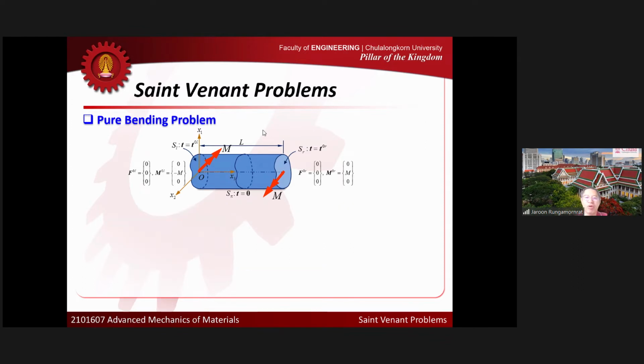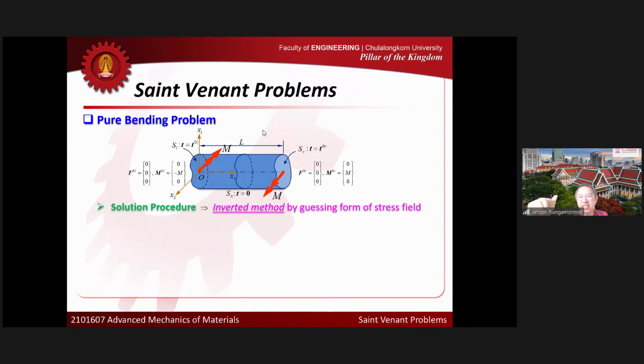Now to solve this problem, I will assume the form of the stress field again. The reason that I guess the stress field is based on the knowledge from beam theory, okay, you learned about beam theory before. So if you have the bending moment applied at the cross section, you know that based on the beam theory, if the material is linear, the distribution of stress should be linear too, right?